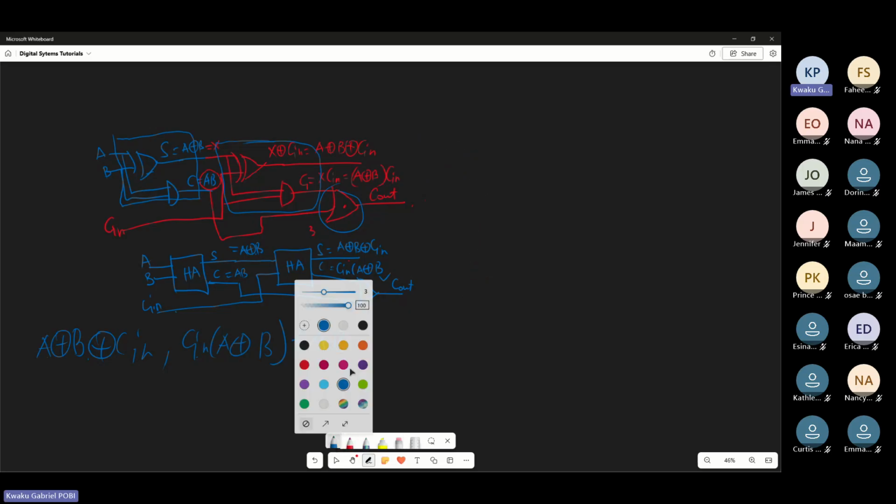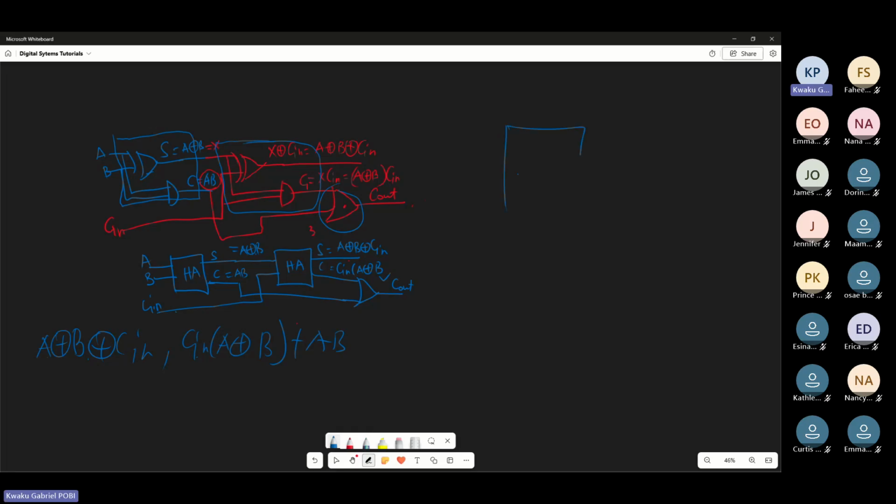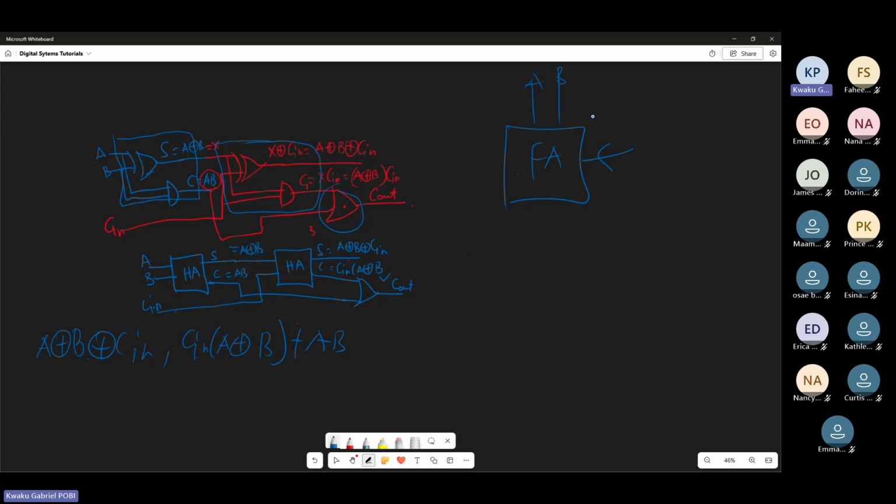So it means you would have something like this. You have a full adder with inputs A, B, and then a carry in coming out from that part. But then I think he added them together. So the whole expression, the sum times the carry out of the first full adder stage, was given as C in.